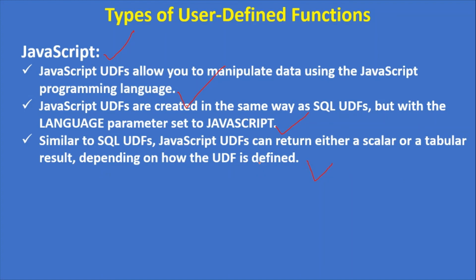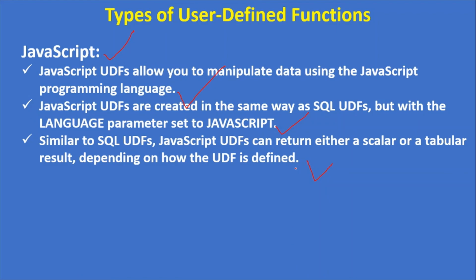If you are going tabular, I will make a separate video on how to create a user defined table function. A user defined table function is defined by specifying a return type that contains the table keyword, and specifying the names and types of the columns in the table results.